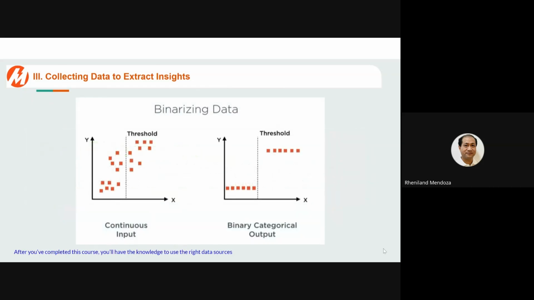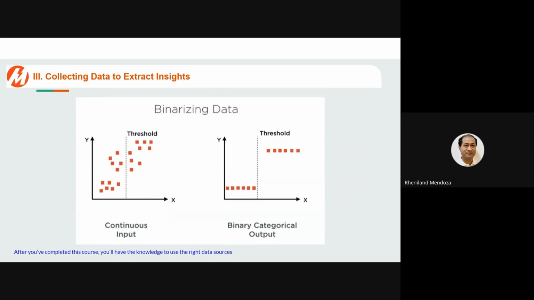So, okay, let's visualize how binarizing data works. Let's say you have continuous data that can be represented in two dimensions. You'll draw a line through this data, which represents the threshold, this vertical dashed line on the left. And this threshold can be thought of as a dividing line for your data.